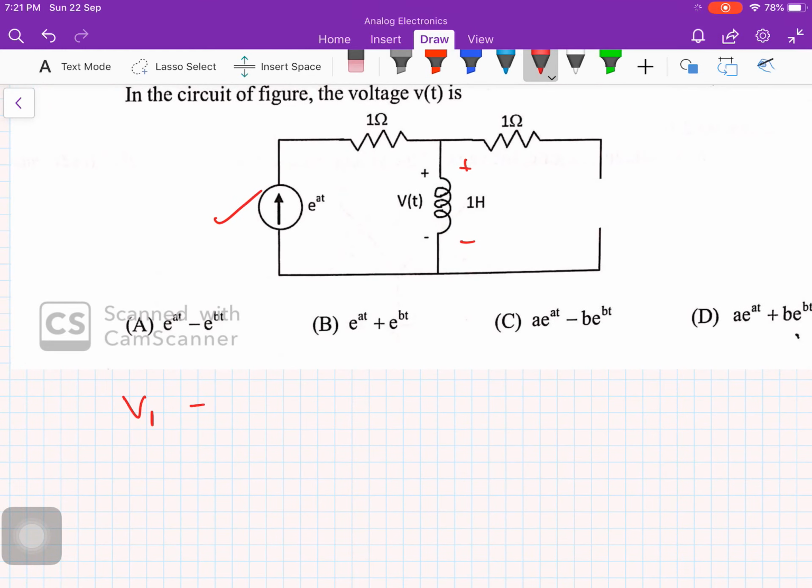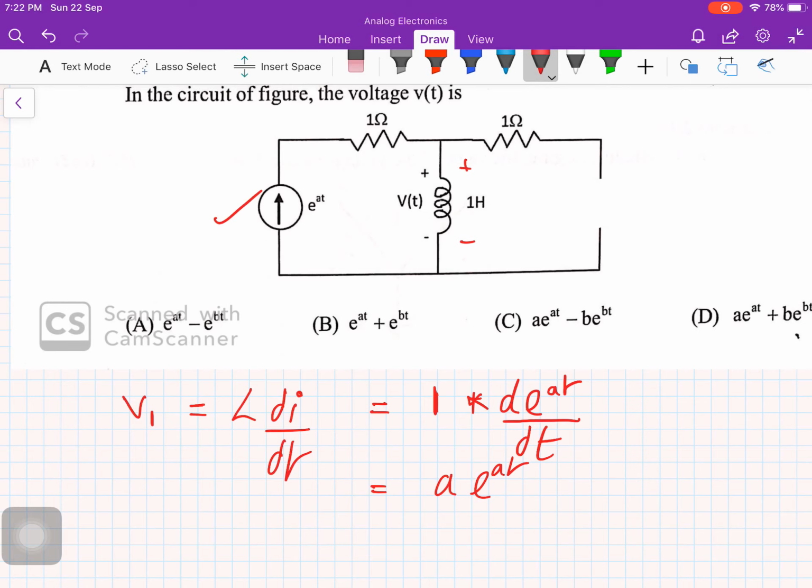Now V1, if I see, is nothing but L di by dt, where L is 1 Henry and di is a current which is flowing in that inductor, which is given by E A to the power T, the differential. So if I do that, I get A E A T.